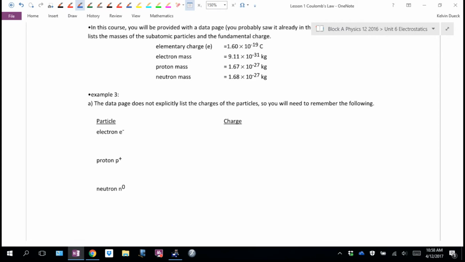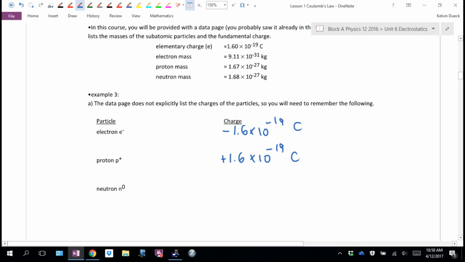The symbol for an electron is e minus. What that means, it has a charge of negative 1.6 times 10 to the negative 19 coulombs. The symbol for a proton is a lowercase p with a plus. That's to say that it's got a charge of positive 1.6 times 10 to the negative 19 coulombs.